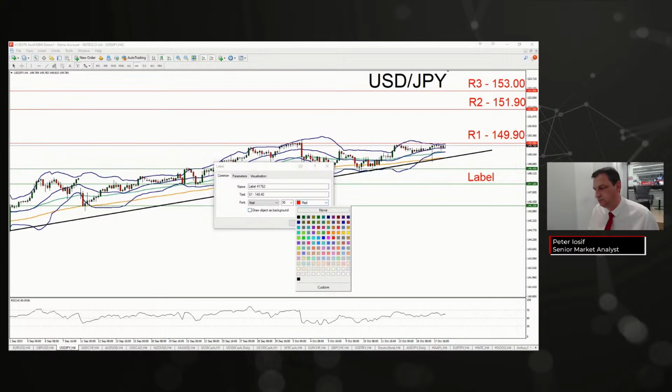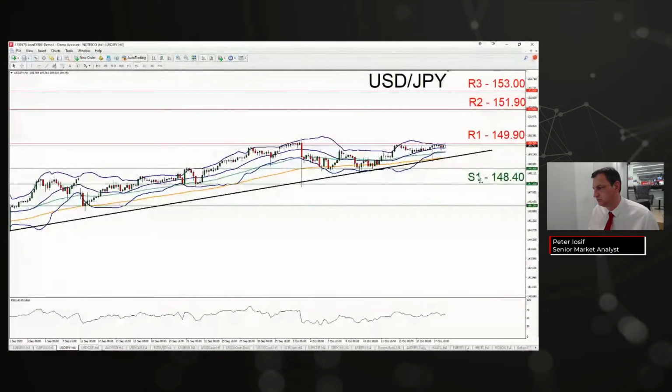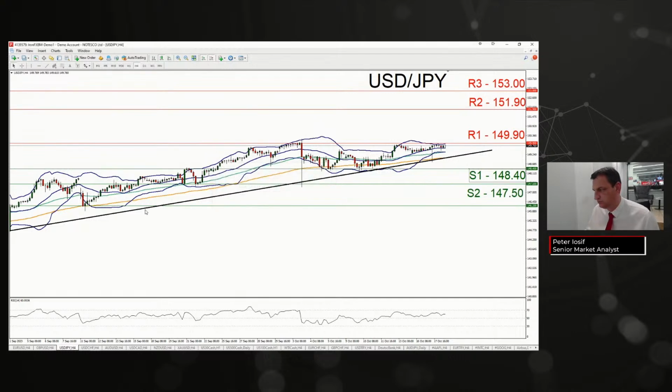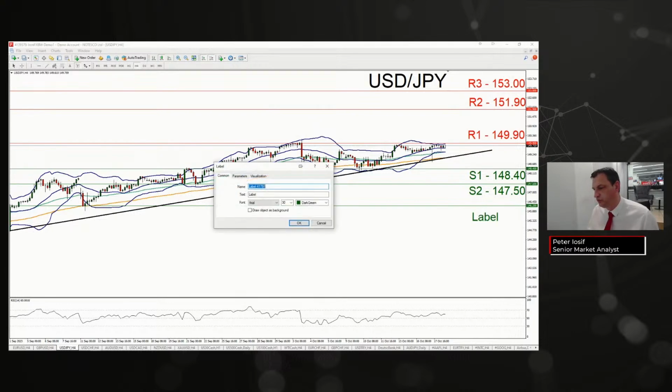In green. S2 at 147.5. And moving to the S3, 146.20.